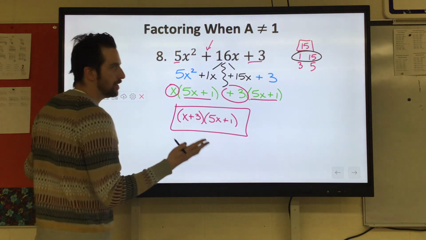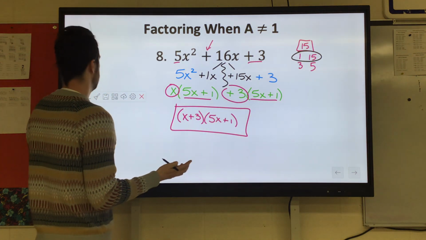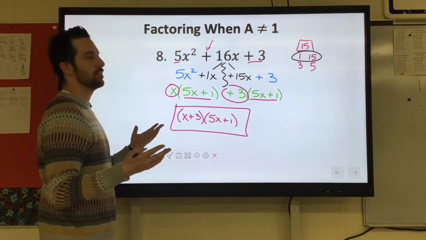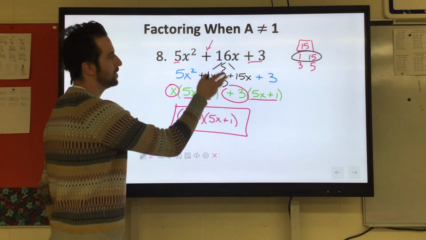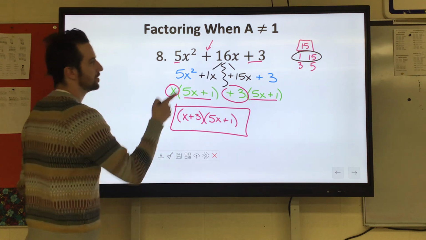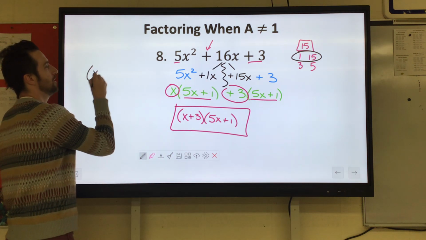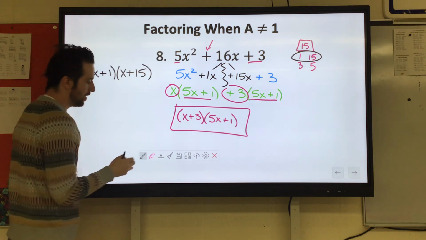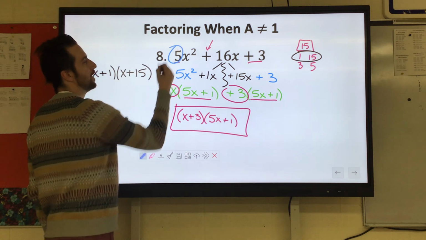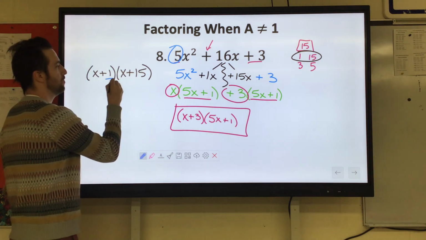That's the way many people prefer to do this problem. But let's say you want to give another way a chance. Still multiply 5 and 3, 15. We're still looking for the set that gives you 16. That's 1 and 15. X plus 1, x plus 15. But in this method, we're going to try to divide by a, which in this problem was 5.